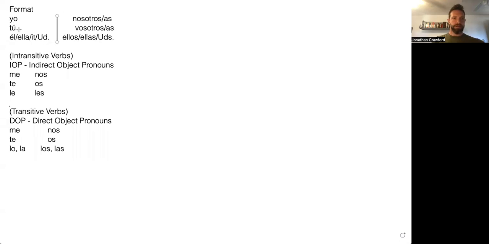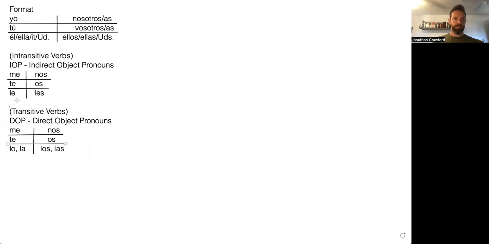And so if I put these lines like this, the yo always lines up with me, and tú lines up with te, and nosotros lines up with nos, and vosotros lines up with os.